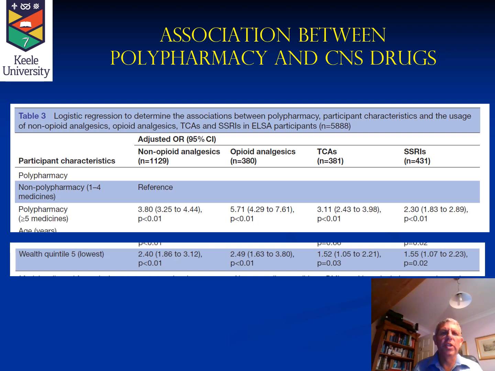So although there have been suggestions of this in the literature, this is the first time that really shows the high magnitude of the association of these drugs within polypharmacy.